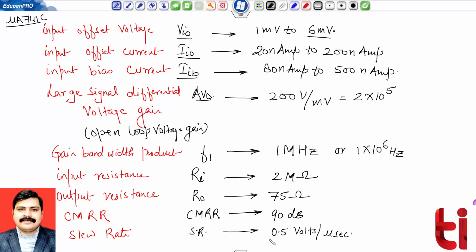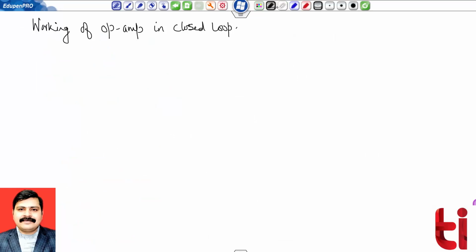So this is the drawback. For this IC, slew rate is poor. However, if you can recall, we have discussed that the value of slew rate should be infinite for the ideal case. So these are a few characteristics of the practical operational amplifier we have discussed, and these are the typical values for IC μA741C. The first case, let us discuss the first case over here, inverting mode of operation.